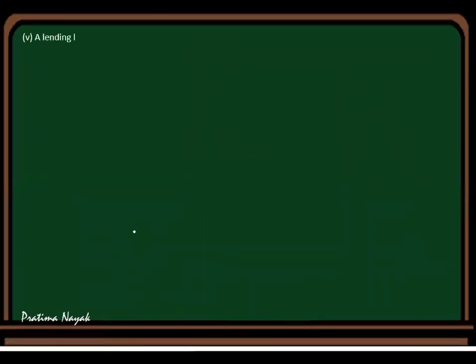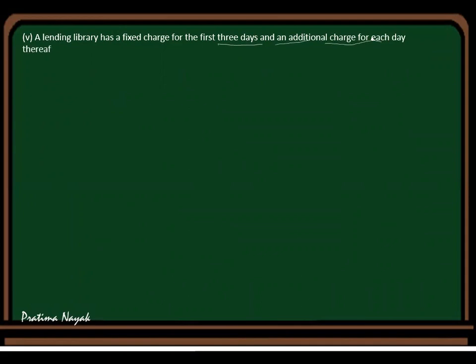Next, fifth part. A lending library has a fixed charge for the first 3 days and an additional charge for each day thereafter.